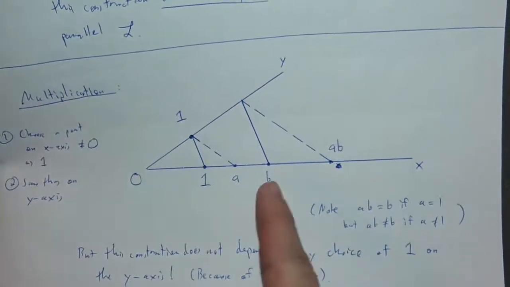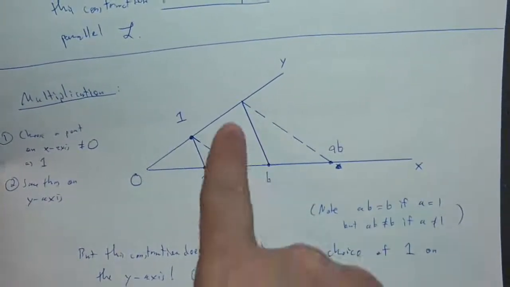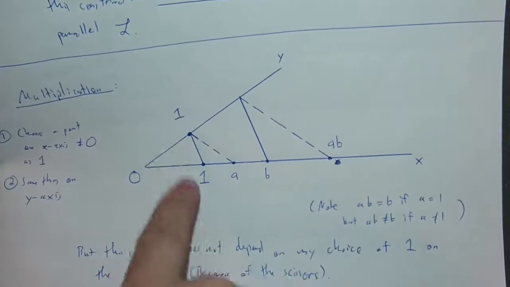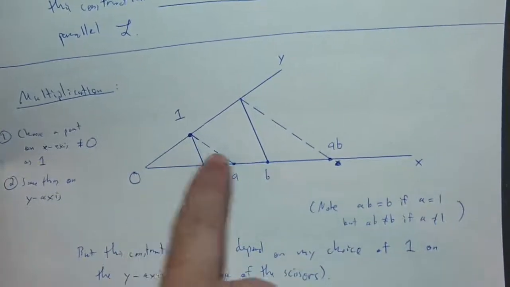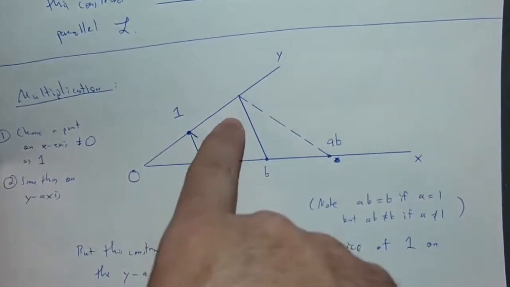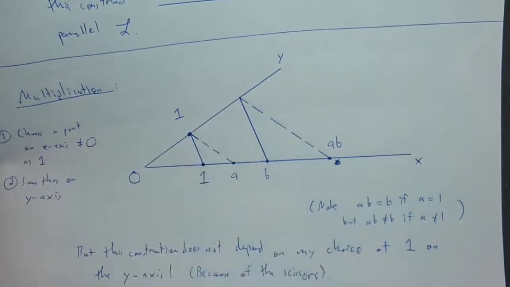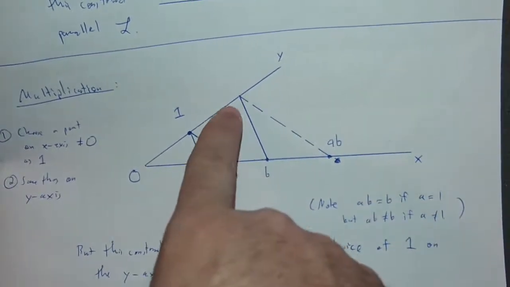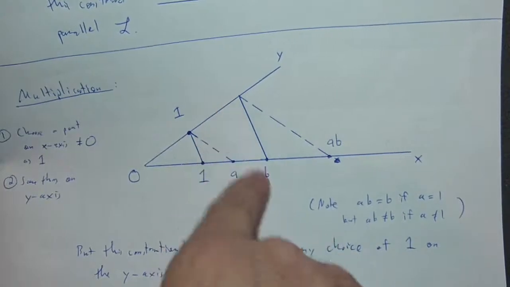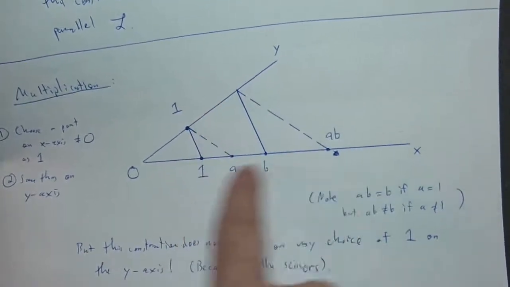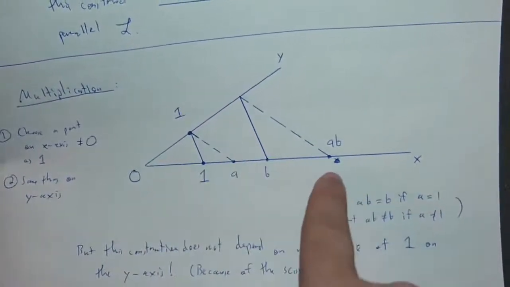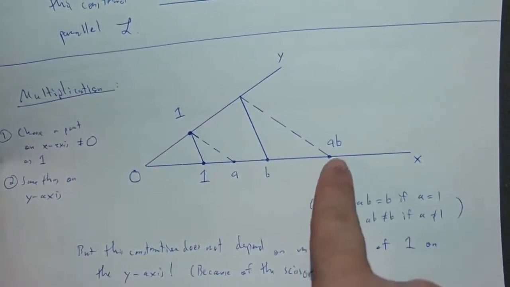Then I drew a solid line that was parallel to my correspondence line for the 1's from B to some point on the y-axis, and then I drew the dashed line from that intersection point on the y-axis parallel to the line I drew for A, and where that point intersected the x-axis is A times B.